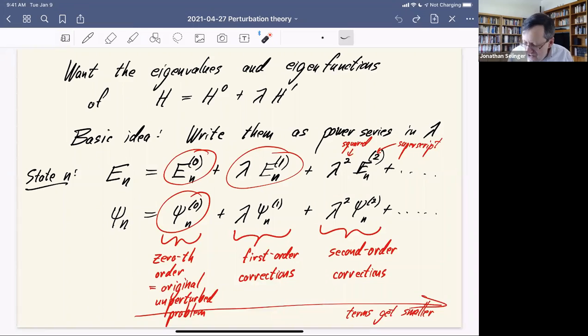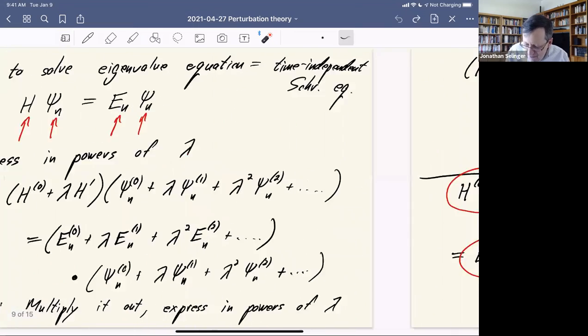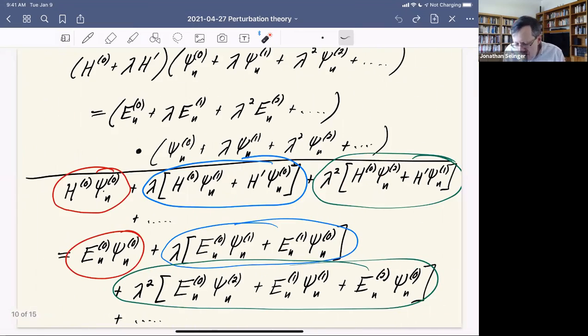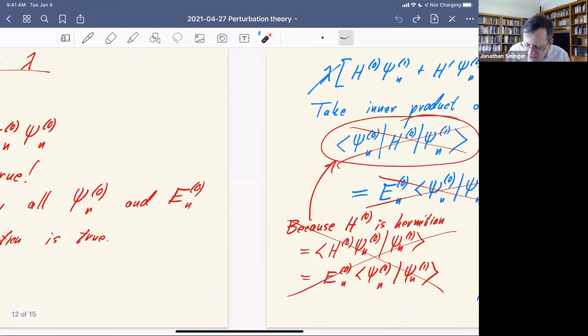You remember we are trying to solve this set of equations where 0th order equals 0th order, first order equals first order, second order equals second order, right? So red equals red, blue equals blue, green equals green. Red equals red, done, no problem. Blue equals blue, well, we partly solved it.